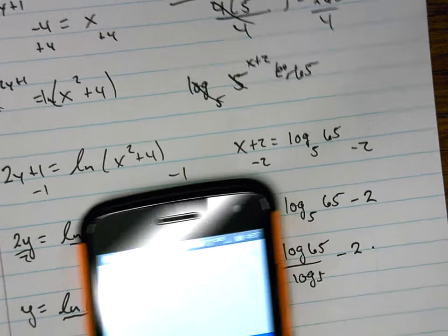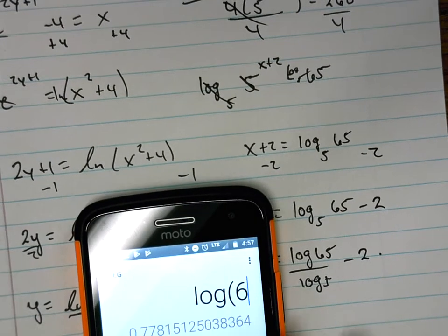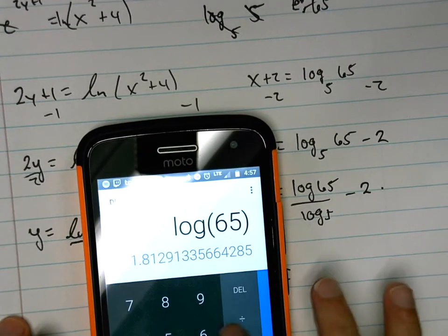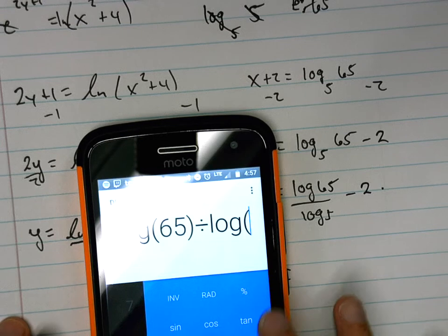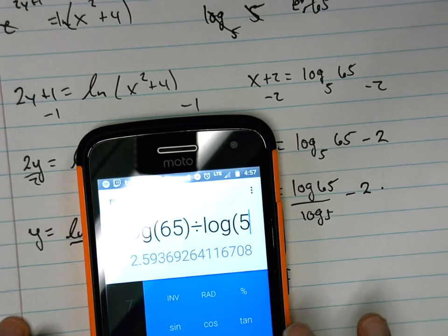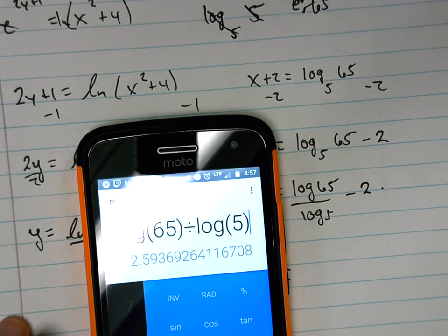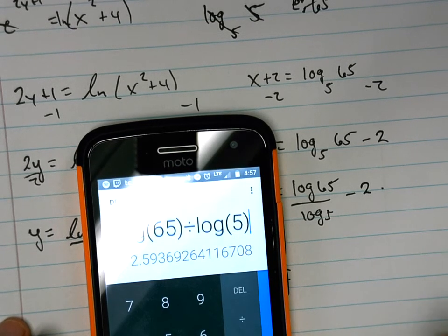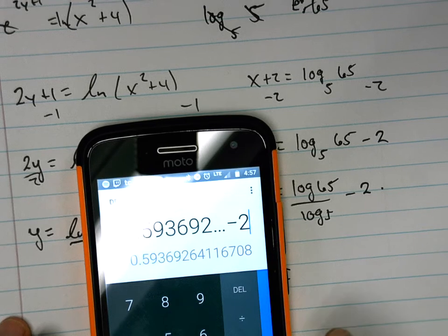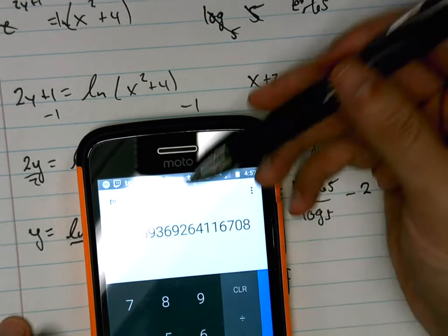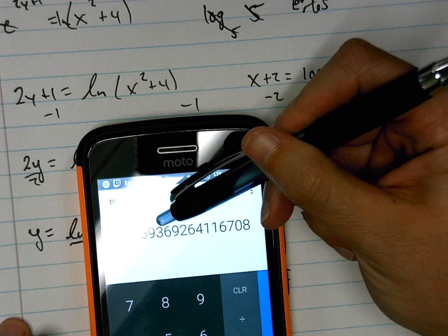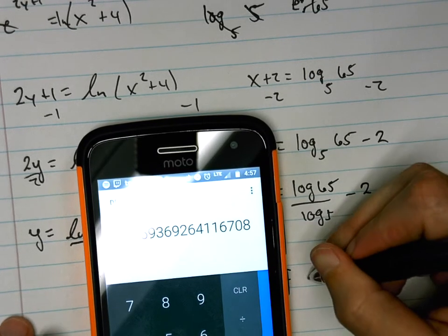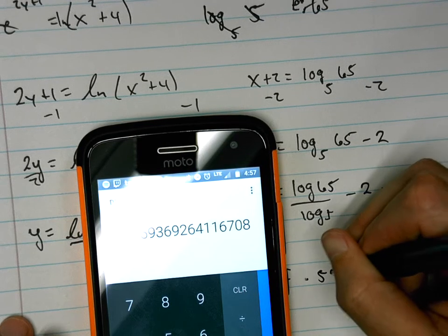So it's log 65 divided by log of 5 and that's equal to all that junk minus 2. Round to the nearest thousandth, so we're going to go to the tenths, hundredths, thousandths place. And since that's a 6, we're going to round up. So our answer is 0.594.